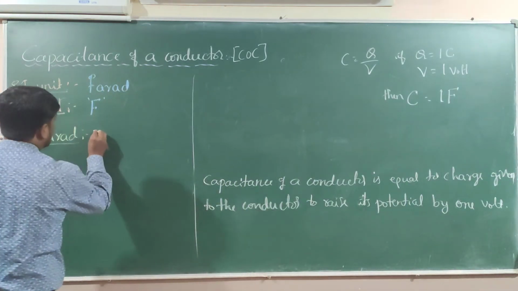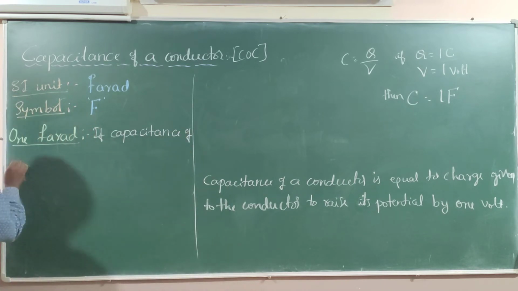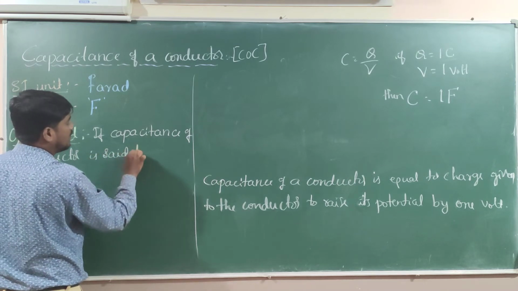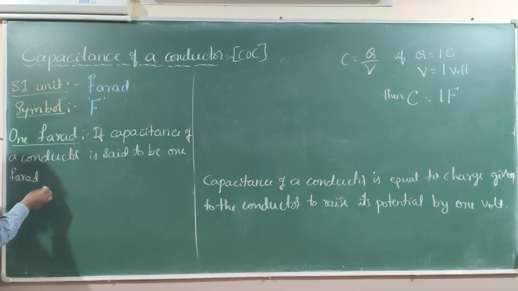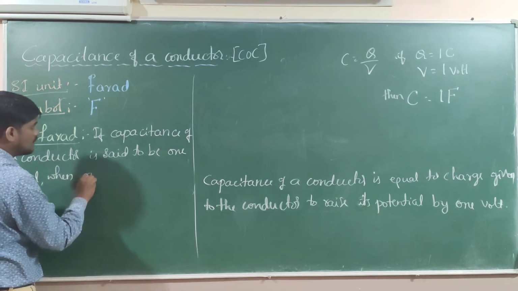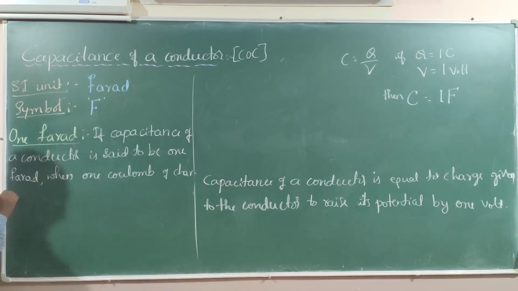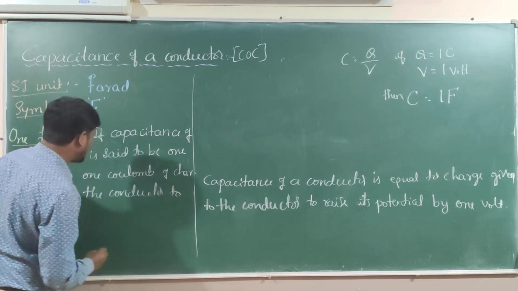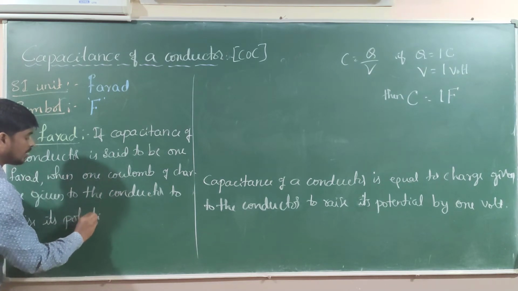So the capacitance of a conductor is said to be 1 farad when 1 coulomb of charge, don't write symbols, you have to use the words, 1 coulomb of charge given to the conductor to raise its potential by how many volts?